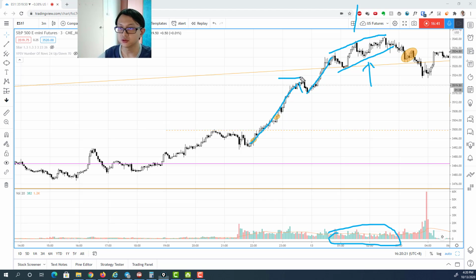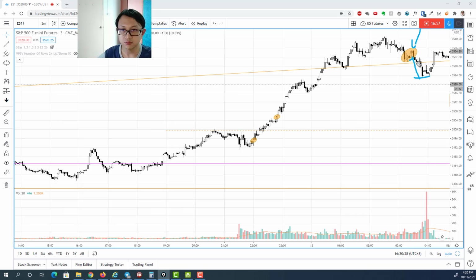So definitely losing momentum to the upside and eventually we have this kind of breakout. But you can see that not much follow through to the downside. So if you trade it to the downside, maybe this could be your trade from here on. That's pretty much based on the rising wedge pattern.